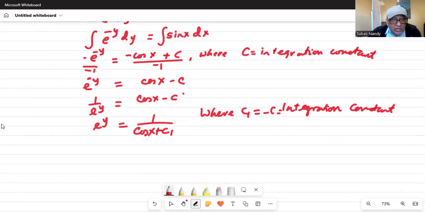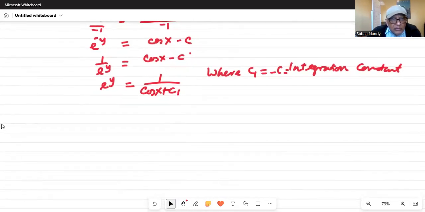Now I take natural logarithm on both sides.